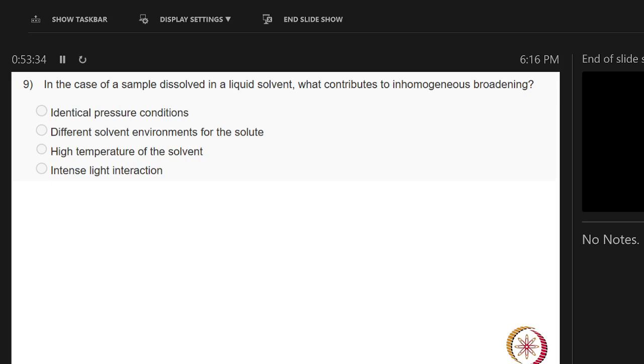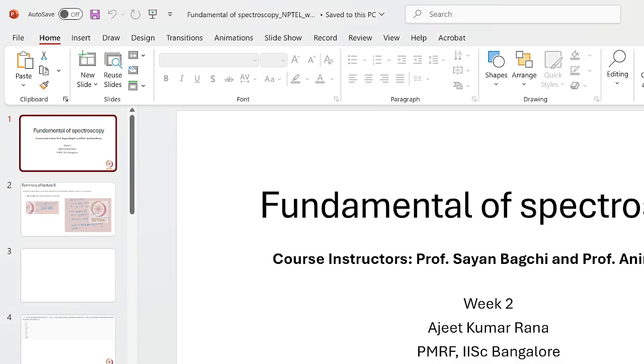Okay, so in case of a sample dissolved in a liquid solvent, let's consider this example.